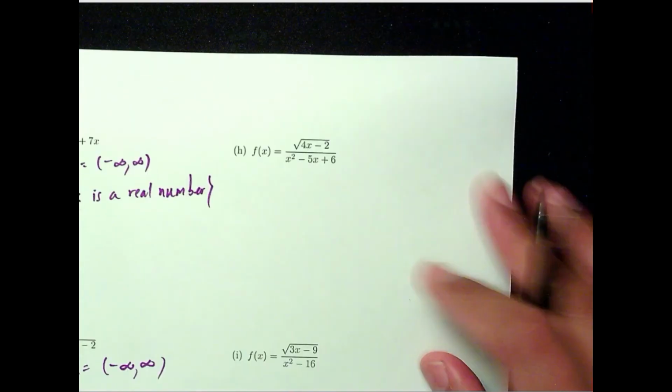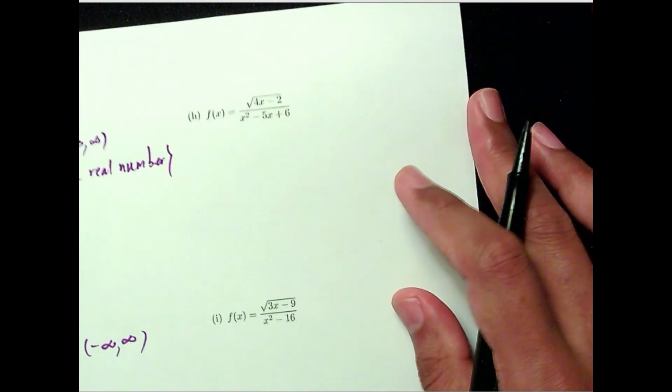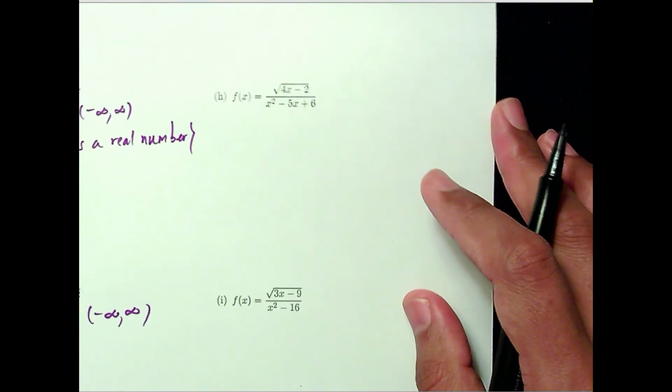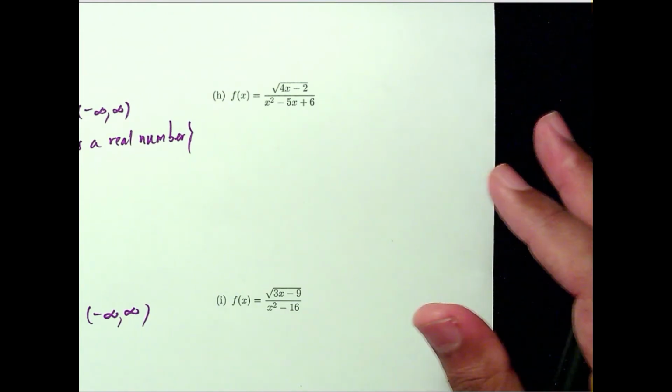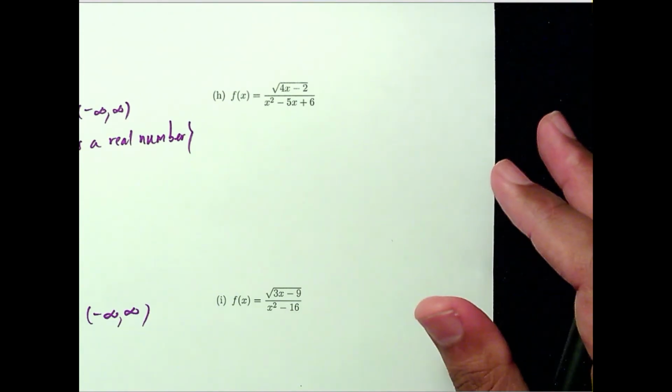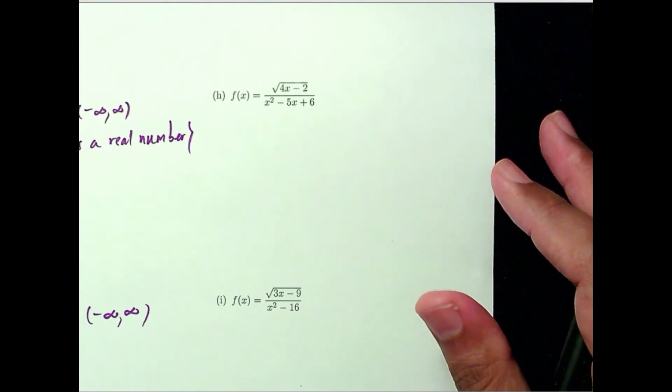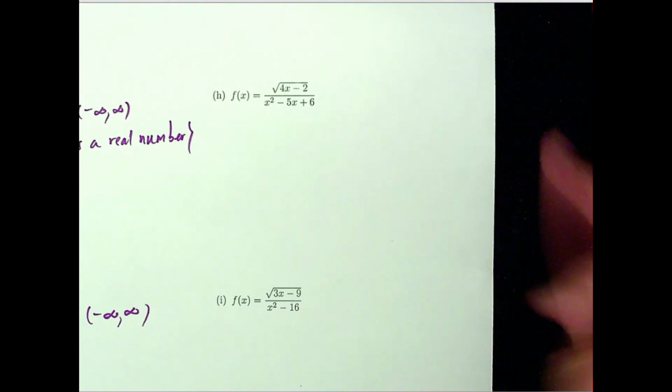Okay, we have 3 more. Let's look at H. H and I are very, very similar, so let's do H. This one is a combination of both bullet points.